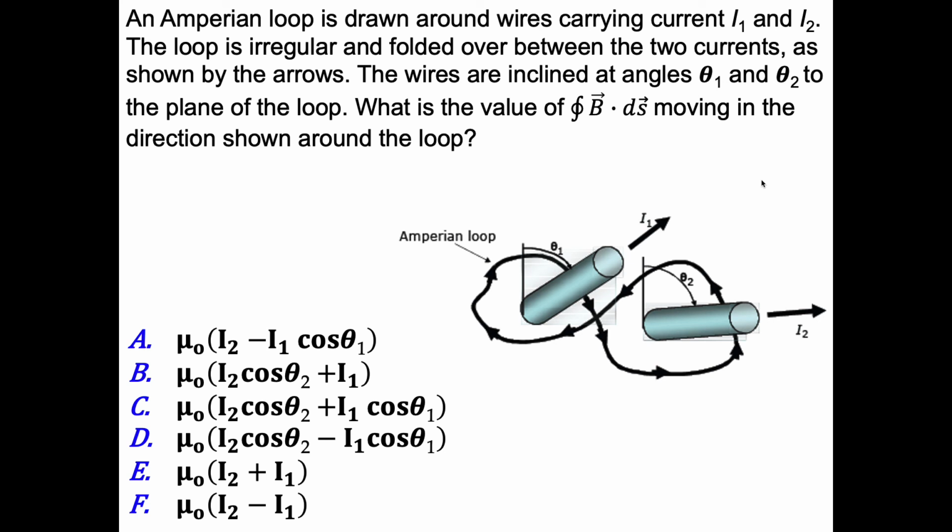So that angle theta, just to be clear, is the angle between the normal to the loop and the current.